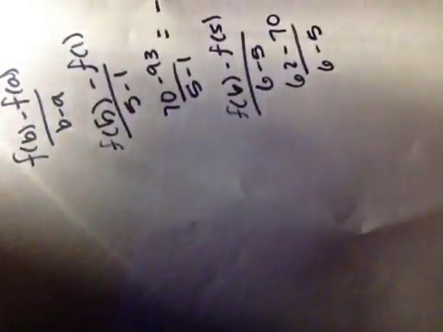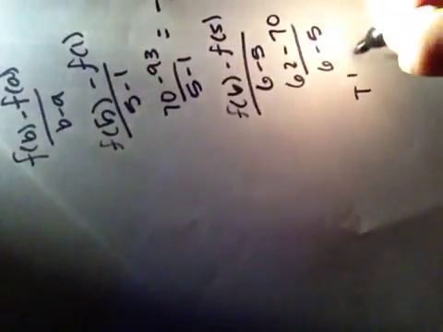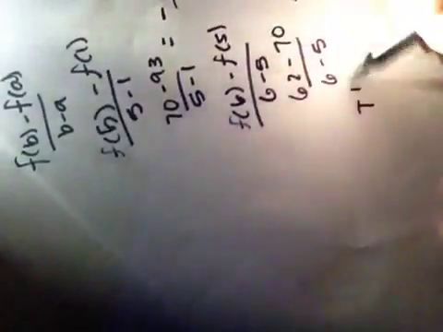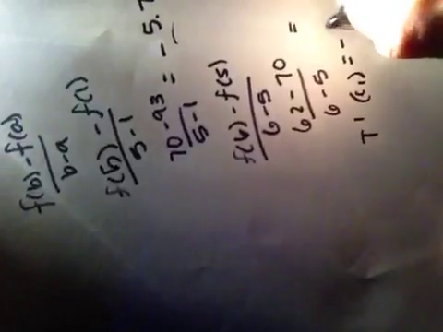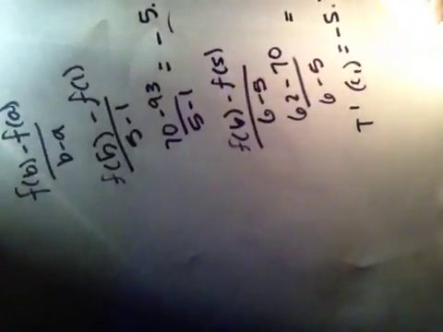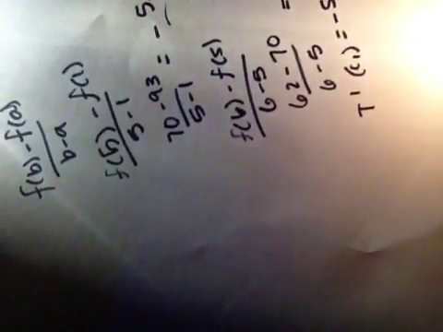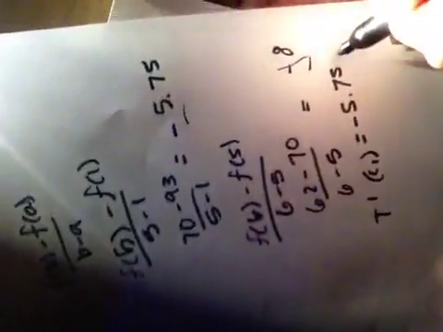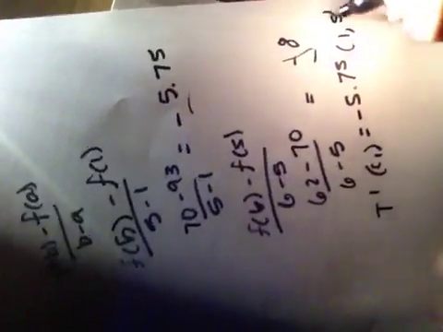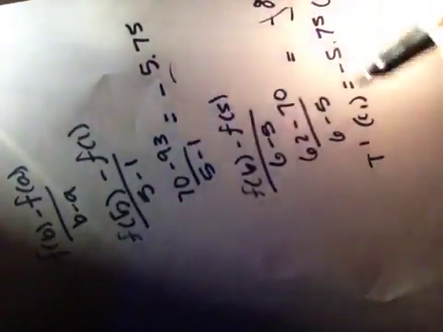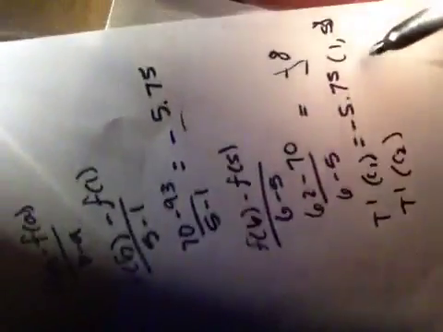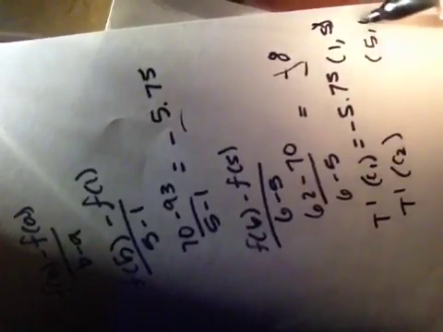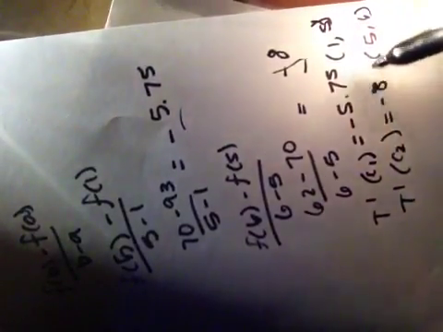And so by using this MVT, we find that T prime of the first set that we use, we're going to call C1, equals negative 5.75. And so this is negative on the interval of 1, 5. And then we notice that also T prime on C2, which was our interval of 5 to 6, equals negative 8.